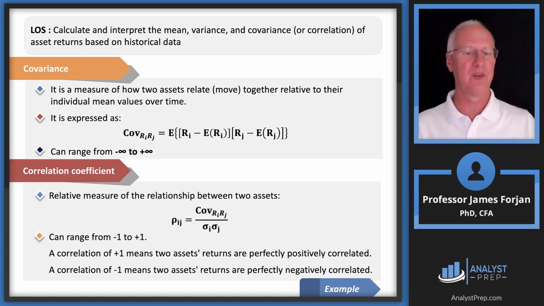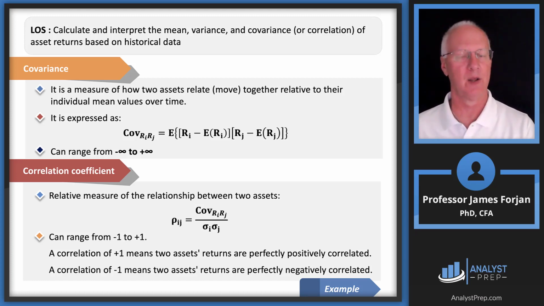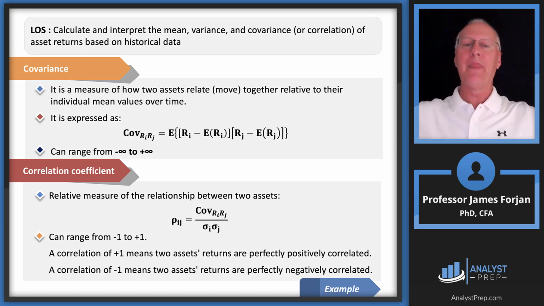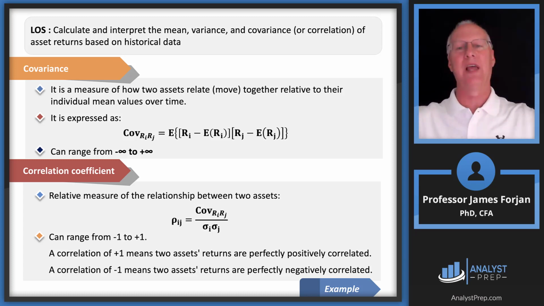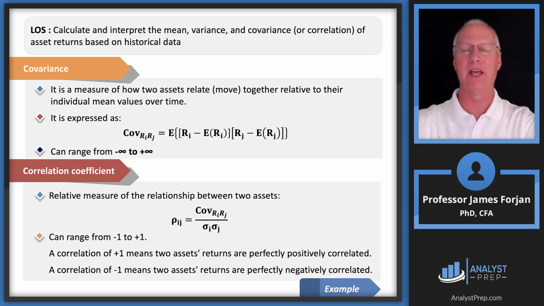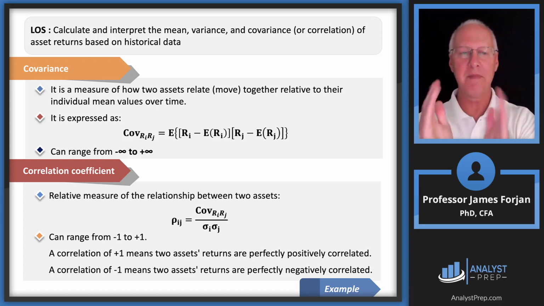But I said this to you in previous recordings. What statisticians love to do is take a random variable that can take on almost any value and put that data set into a vise and squeeze the vise down so that it's manageable.